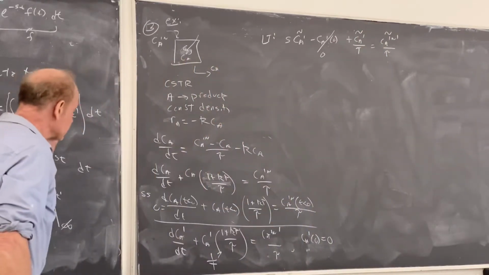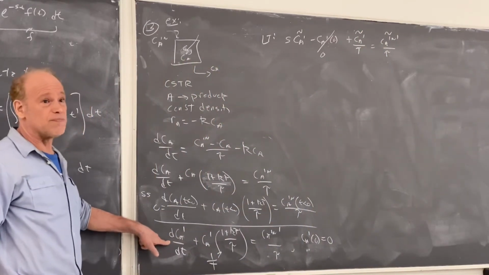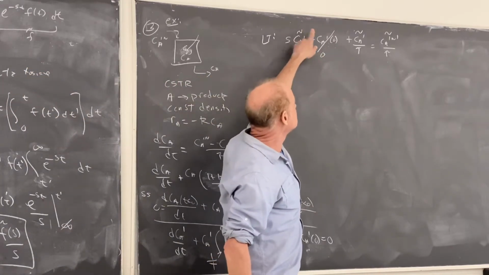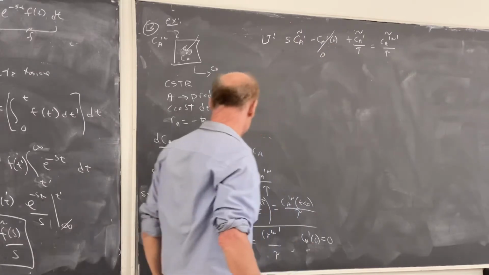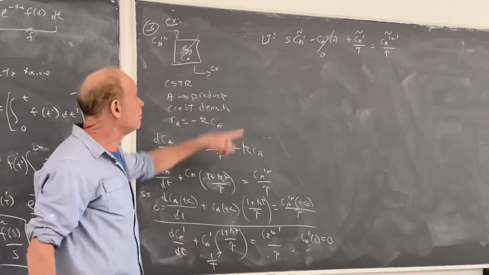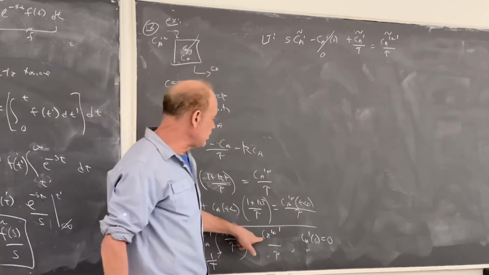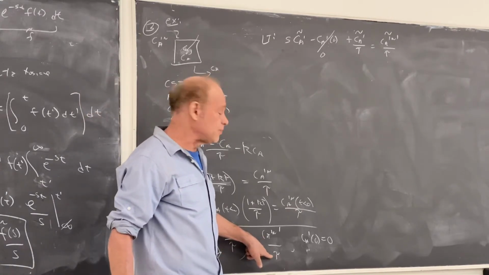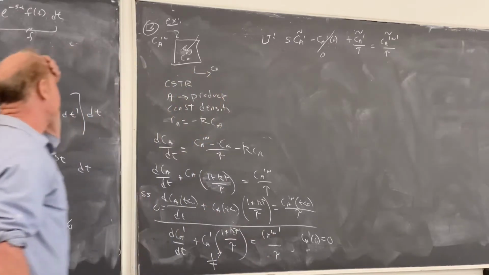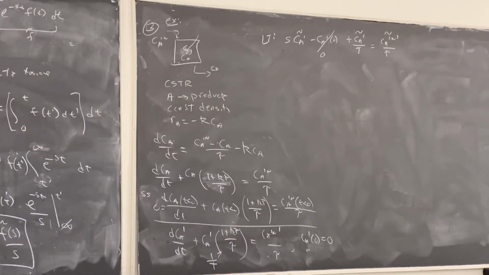So I have a Laplace transform of every term. The derivative gave S times CA prime tilde minus the initial condition, which was 0. This was a constant, so the Laplace transform of CA prime is just CA prime tilde. And this was 1 over tau times the Laplace transform of CA in prime.